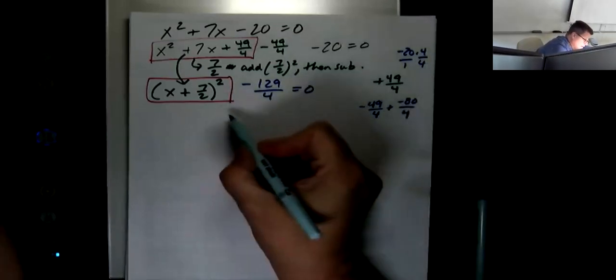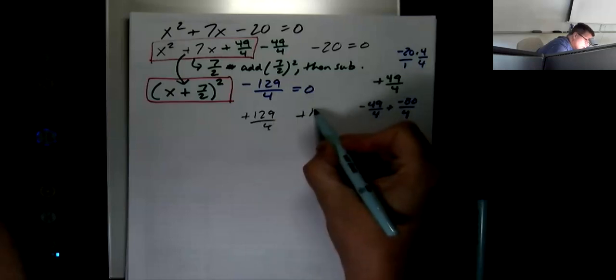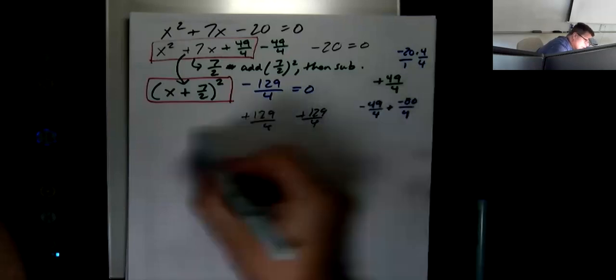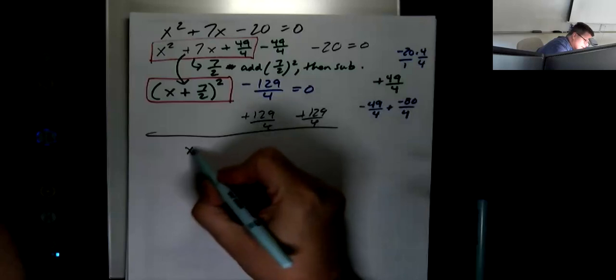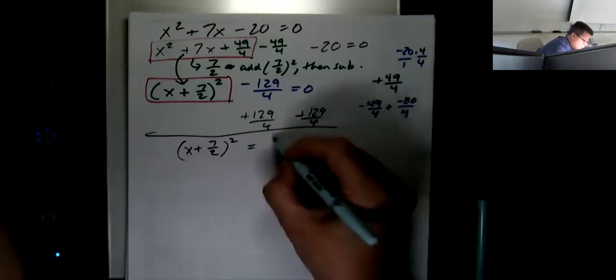So now I'm gonna add the 129 over 4 to both sides. And I get x plus 7 over 2 squared equals 129 over 4.